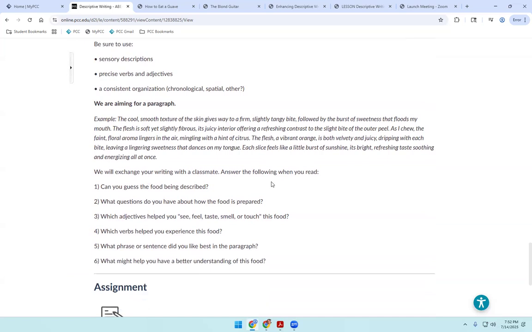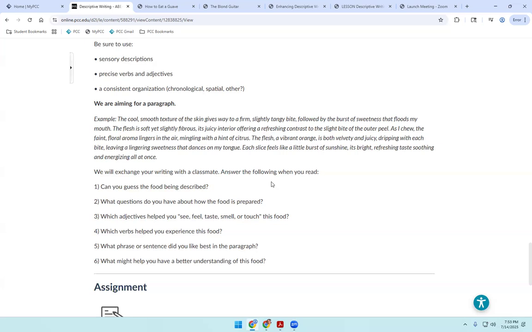Here's an example. The cool, smooth texture of the skin gives way to a firm, slightly tangy bite, followed by the burst of sweetness that floods my mouth. The flesh is soft yet fibrous, its juicy interior offering a refreshing contrast to the slight bite of its outer peel.